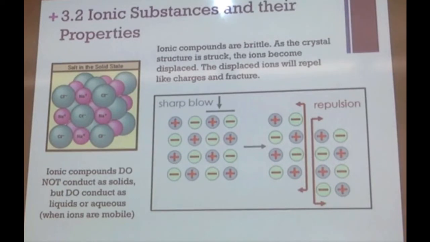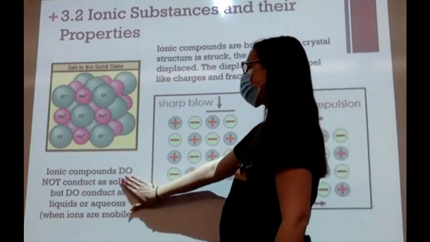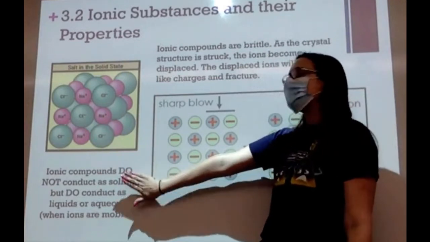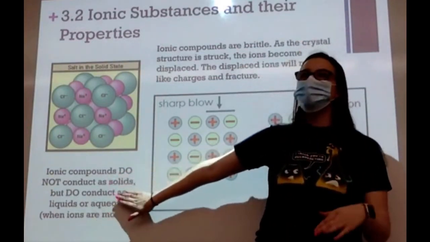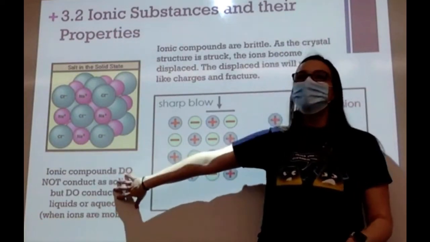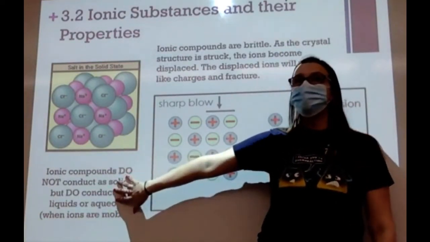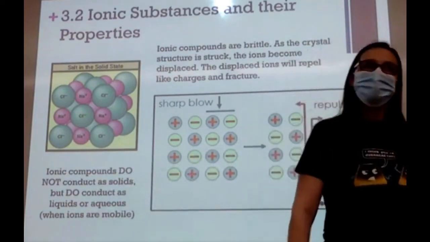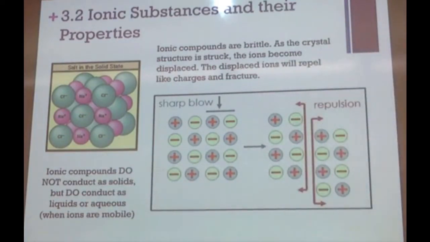Now, one of the most important properties of ionic compounds is what I have down here. We've seen lots of multiple choice questions that use this information of ionic substances. Ionic compounds do not conduct as solids.